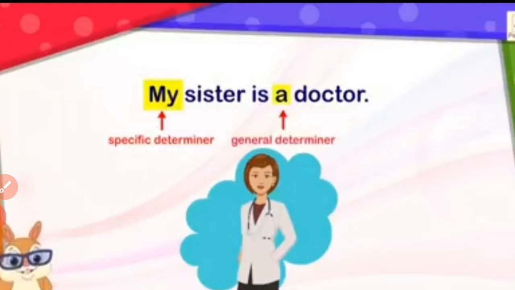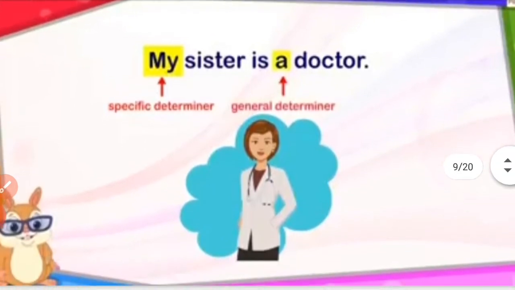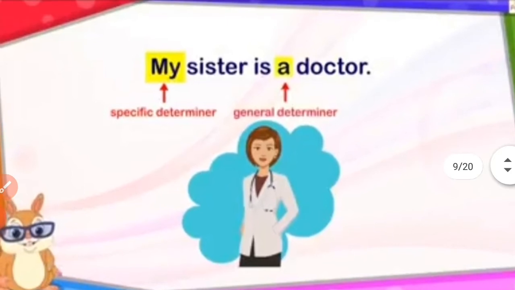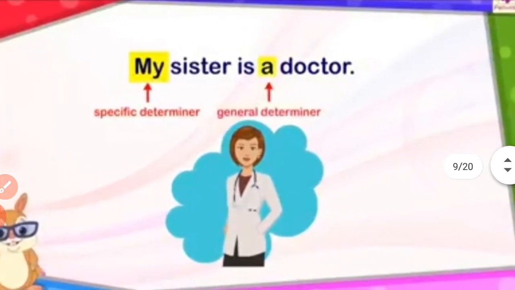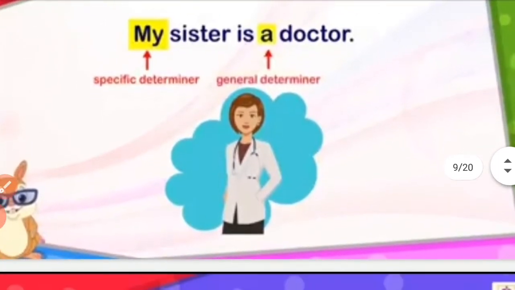Before sister, my is applied. जैसे ये my sister के आगे लग गया, लड़कियों में या बहनों में मेरी बहन या फिर a doctor, which is used as a general determiner. So when we use my before sister, the sister becomes specific and a is a general determiner.